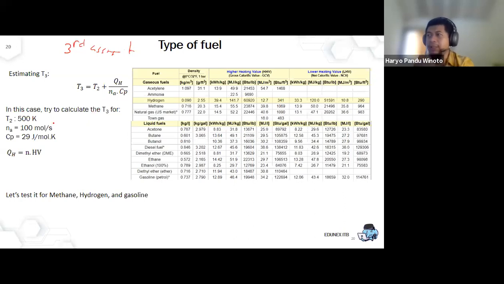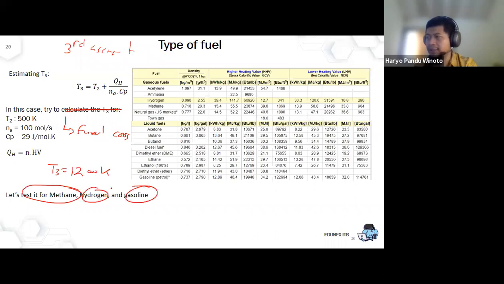Try to calculate the fuel consumption, sorry, I made a mistake, when the T3 is decided at 1200 Kelvin. Then you need to test it with methane, hydrogen, and gasoline.